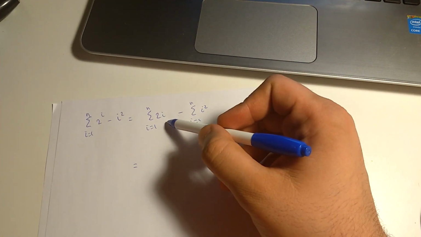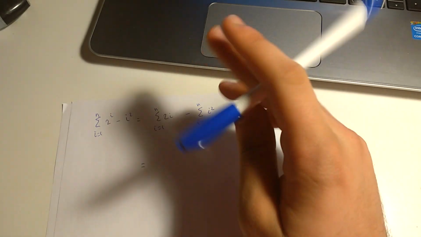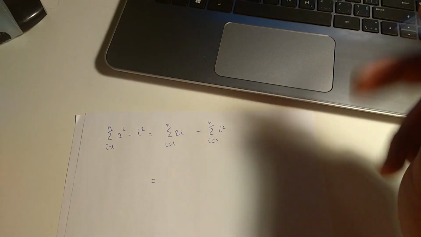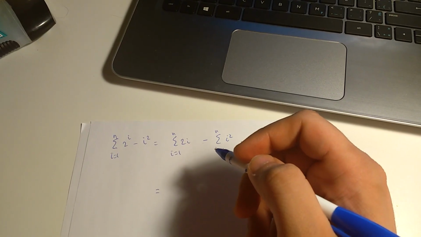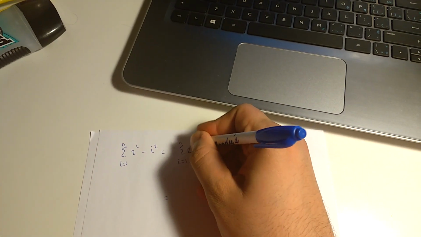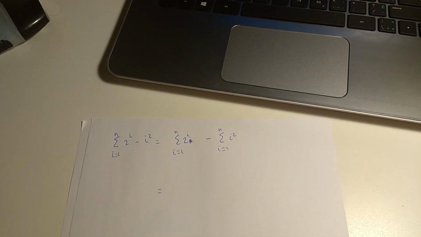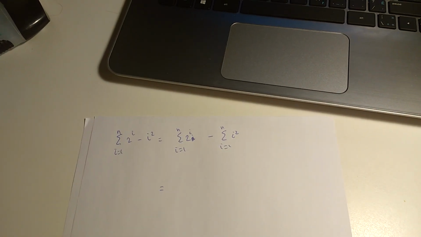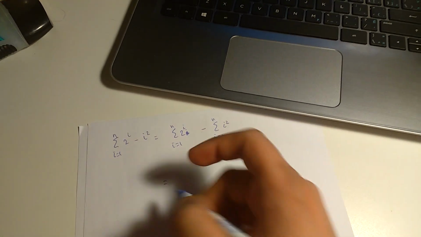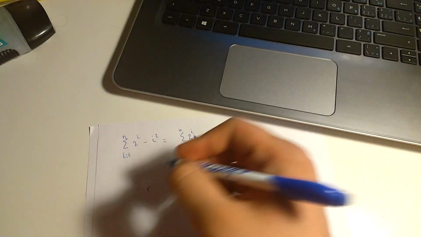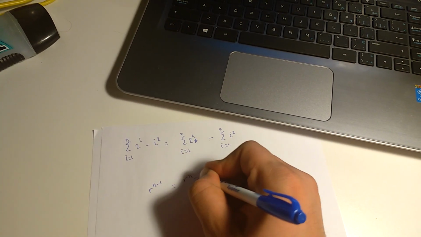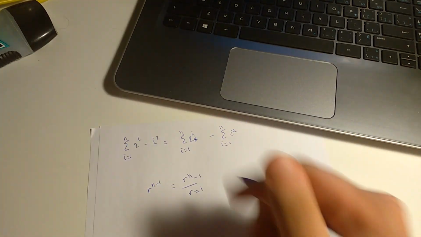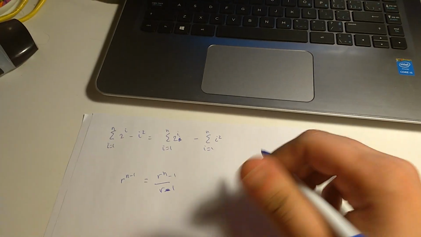So for this sum, this is kind of tricky because we do have a property for powers, and if I rewrite that, it's pretty much this.